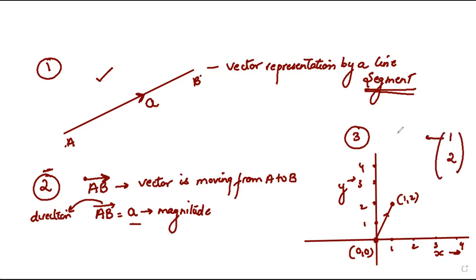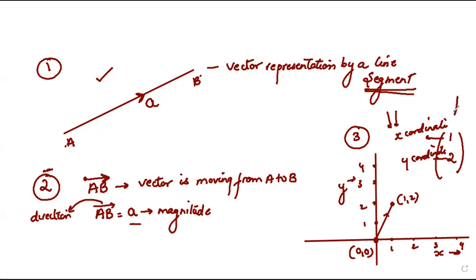Here I'll write the x coordinate and here I'll write the y coordinate. So this gave me a more detailed value that my vector is at this point at the 1 comma 2 coordinate. That means it has moved 1 unit in the x-axis and 2 units in the y-axis. So this is a more detailed way of writing your vector.